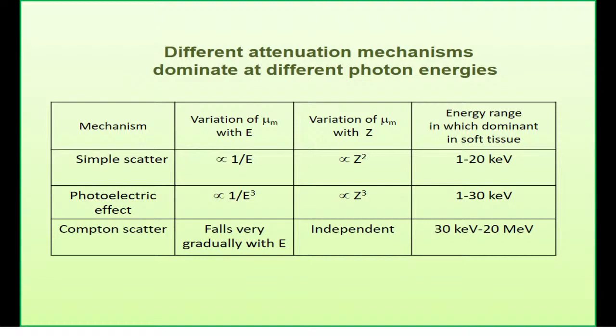From here you can see one more thing, the dependence on the material of one mechanism or another. The photoelectric effect depends to the greatest extent on the kind of material, Z, the atomic number of the element crossed by X radiation.